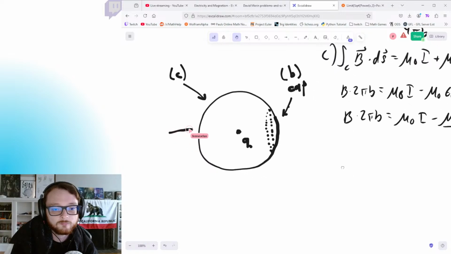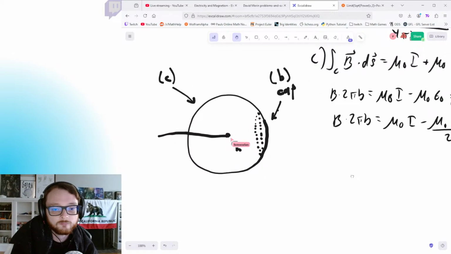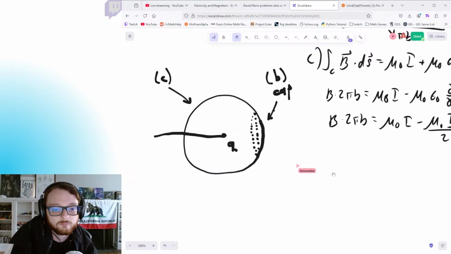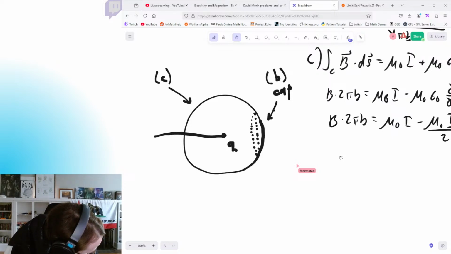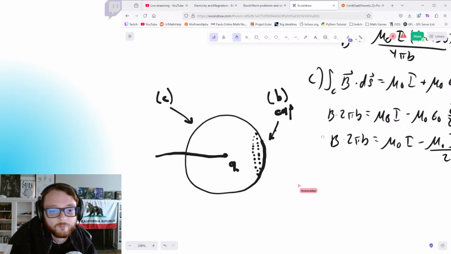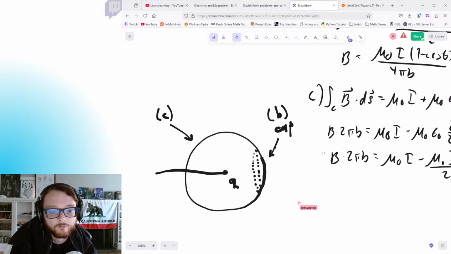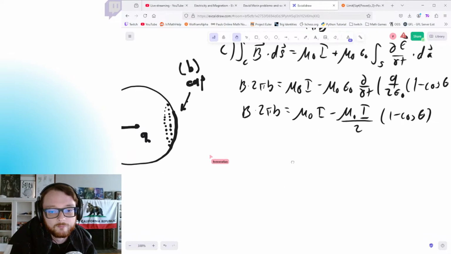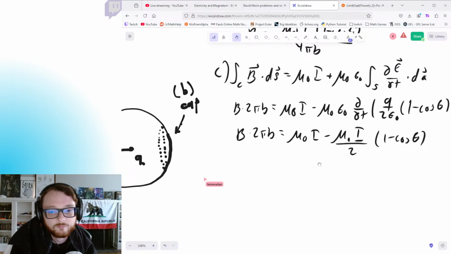There we go, that makes more sense. So we'd have to find dE/dt over that surface area.